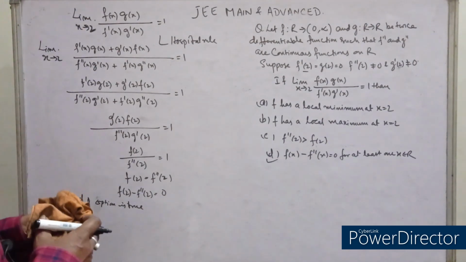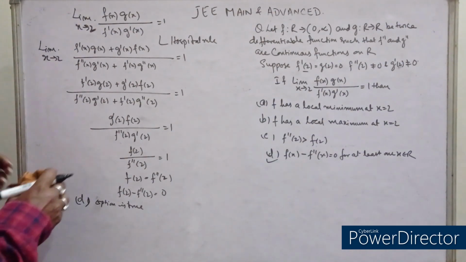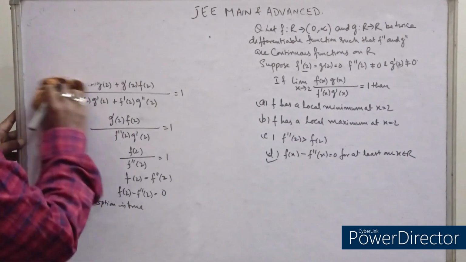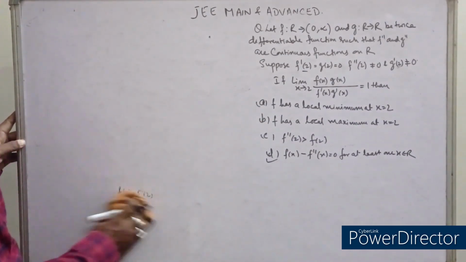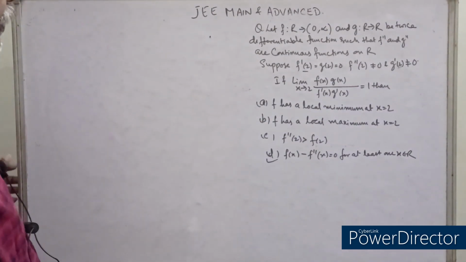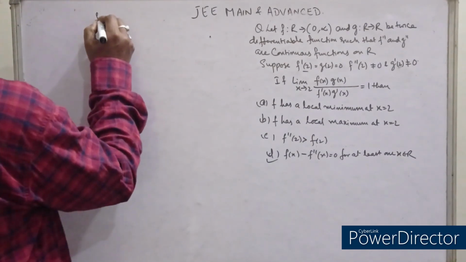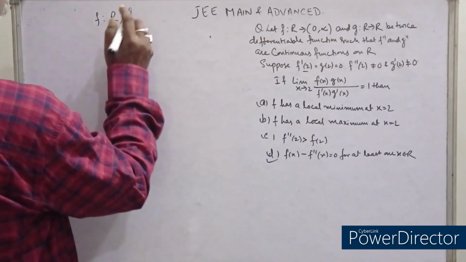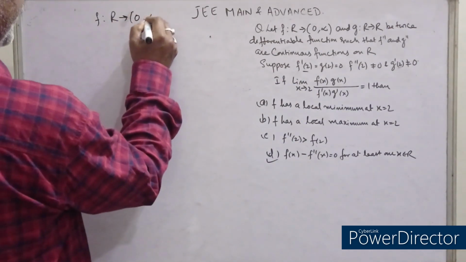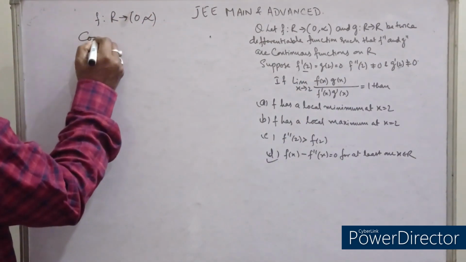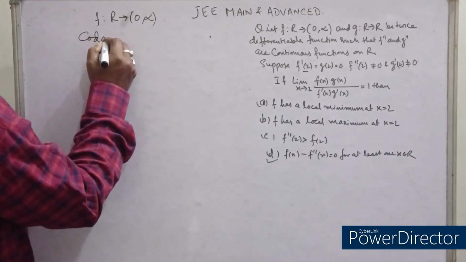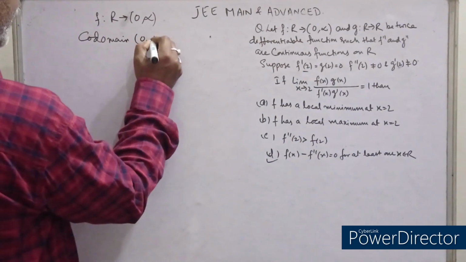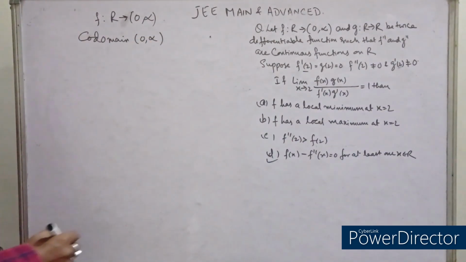Now we know that f is a function from R, and here we see that our codomain is the open interval 0 to infinity, so it is positive.